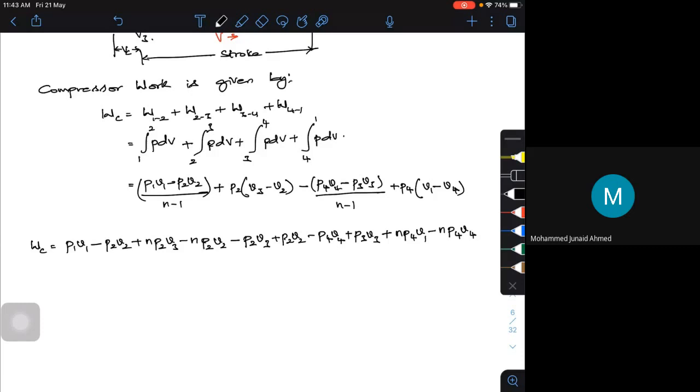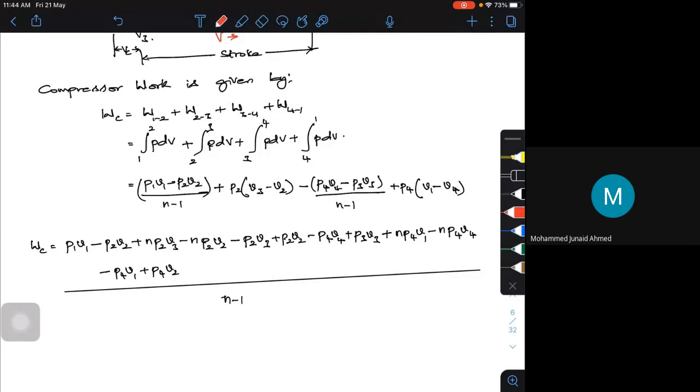So it is minus into P4 into V1. So minus into minus, it is plus P4 into V4, whole thing divided by n minus 1. Okay, one step I'm trying to write.